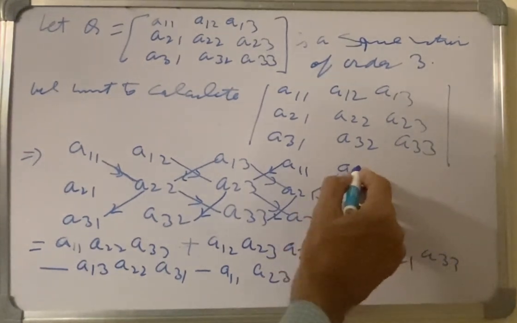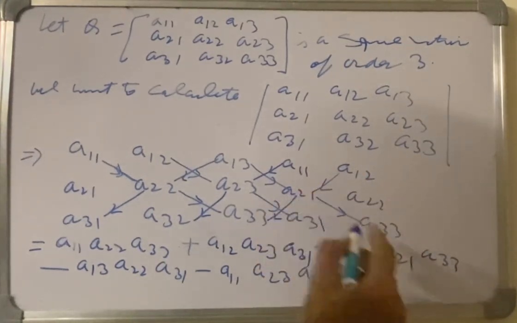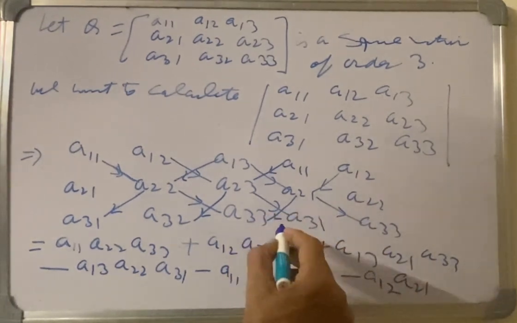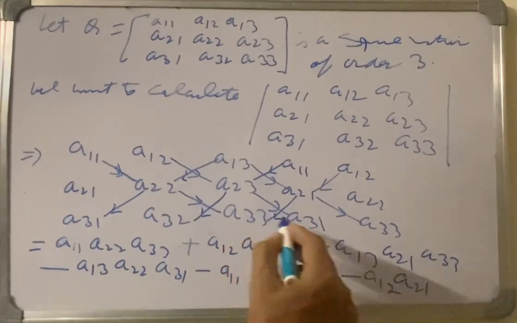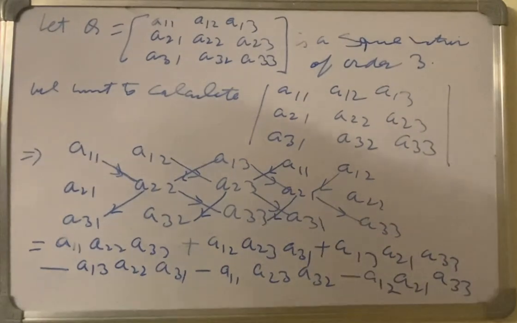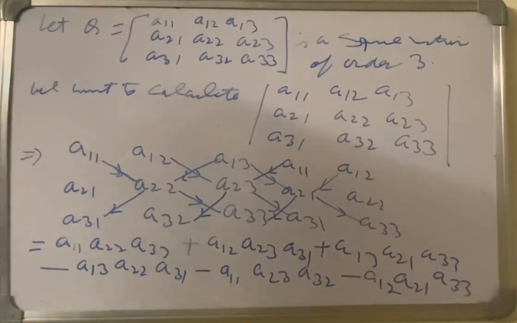Then minus third is A12, A21, A33. So in this way, we can calculate this. Now you will add and subtract all this and you will get the result. So this is how to expand by Sarrus diagram.